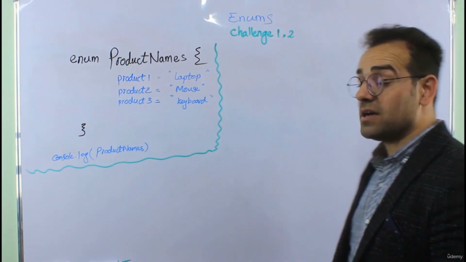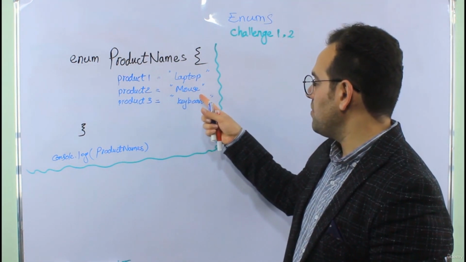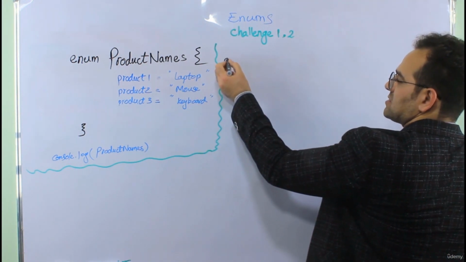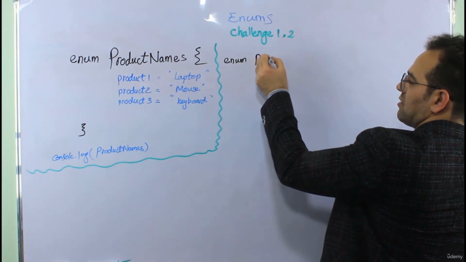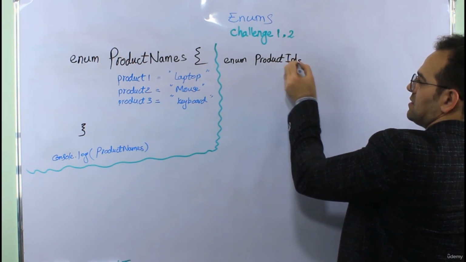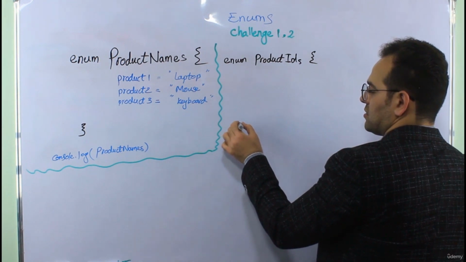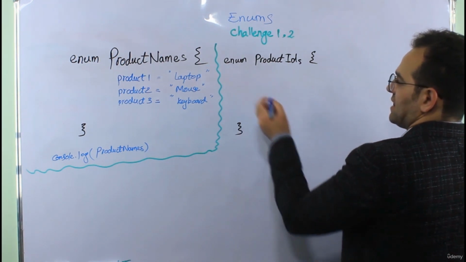Let's create an enum of product IDs. We already have our products, laptop, mouse, and keyboard, and I'm going to create an enum for them. This is going to be enum ProductIDs, and then let me close it off right here. And I'm going to say we have a laptop.